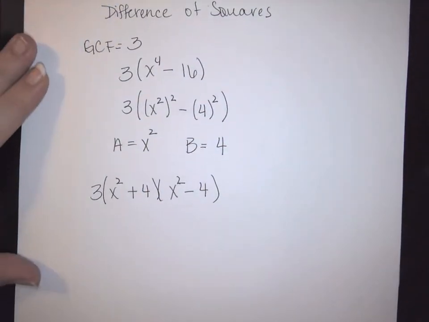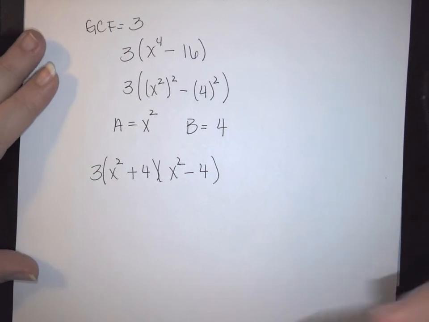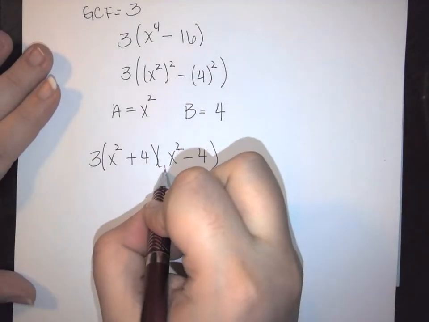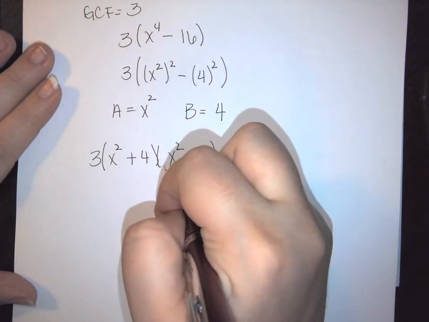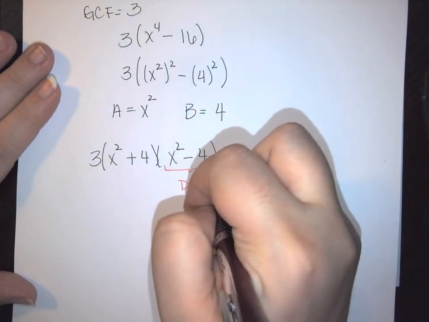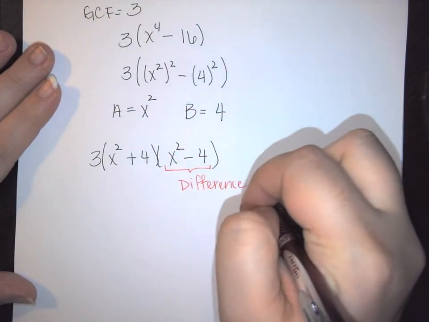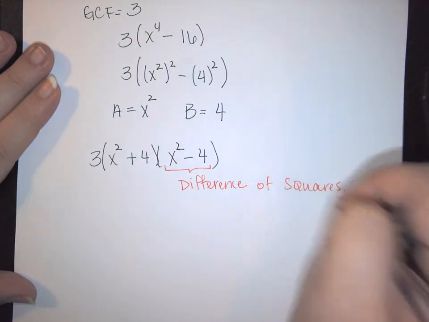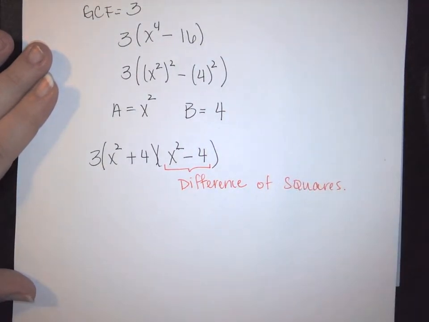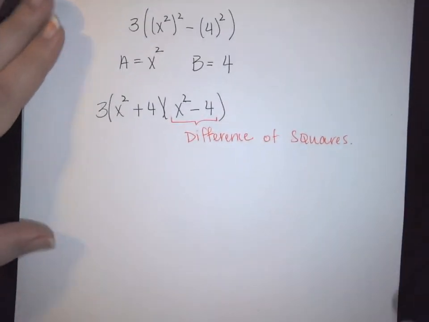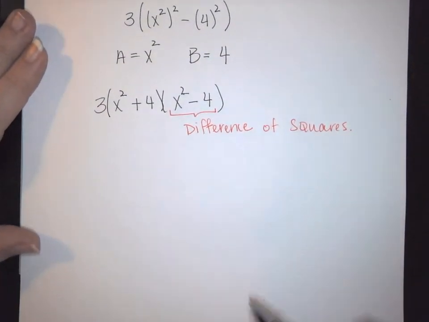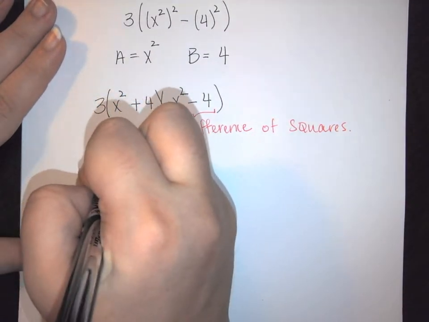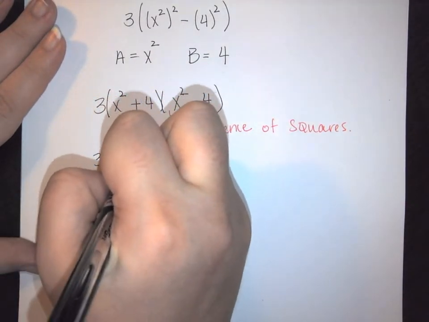Now, when we work with difference of squares, you always need to make sure that you don't have more than one. And if we look at this piece right here, notice we have a second case of difference of squares. Because we have a second case, we can reduce this further, so we have to keep going. So in this case, we have 3 times the x squared plus 4.